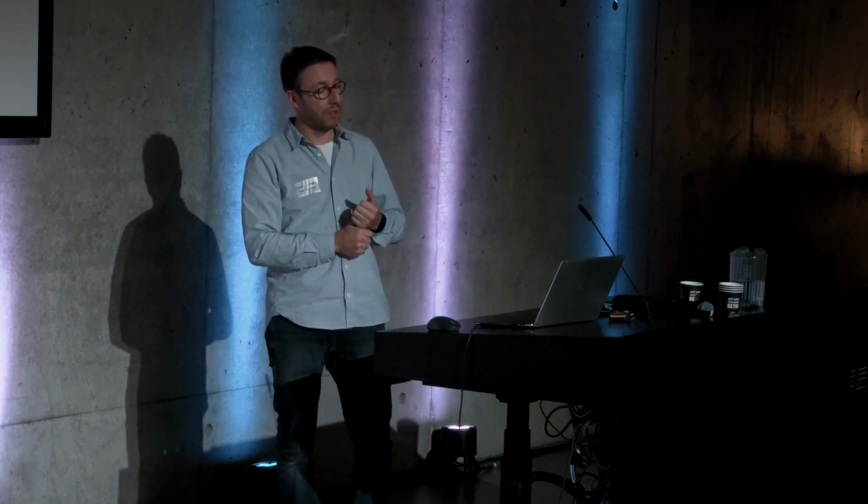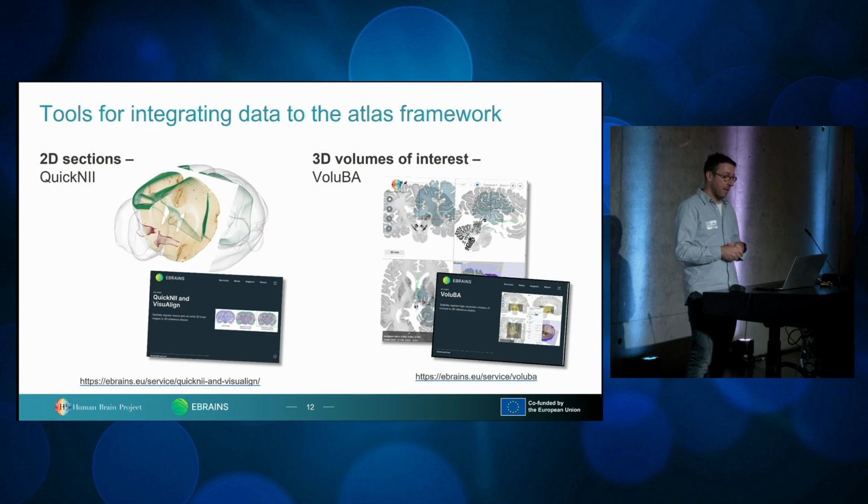Just before we go into the online viewer, I want to mention how data comes in. There are different ways of registering data to an atlas. Two very typical examples are anchoring 2D sections into a 3D reference system, or anchoring 3D volumes of interest into a 3D reference system. And in EBRAINS we have built web-based workflows to do this, if necessary in an interactive fashion.